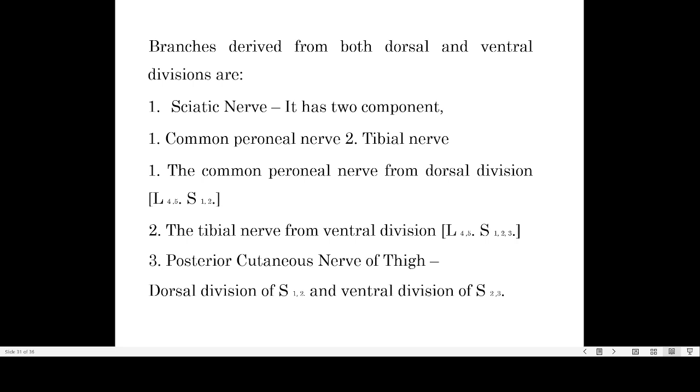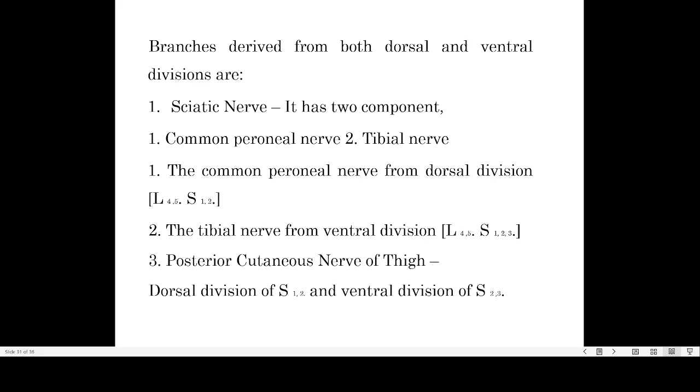So these are the two important nerves. Remember the common peroneal and tibial nerve. Both take a division in the popliteal fossa region.